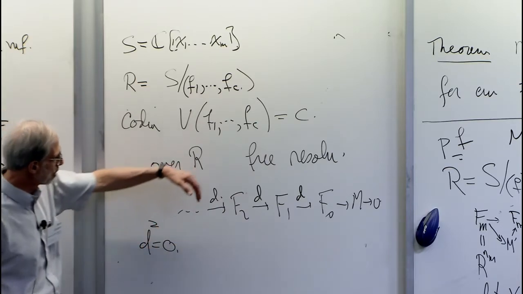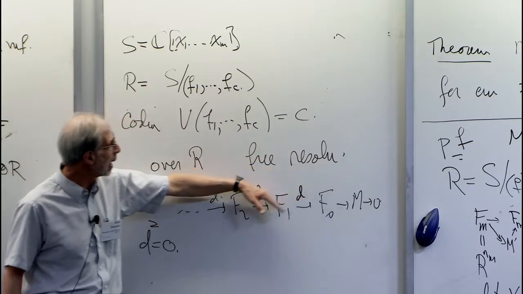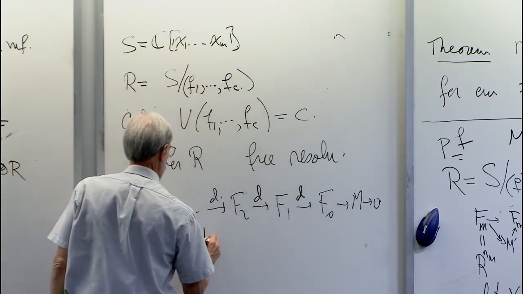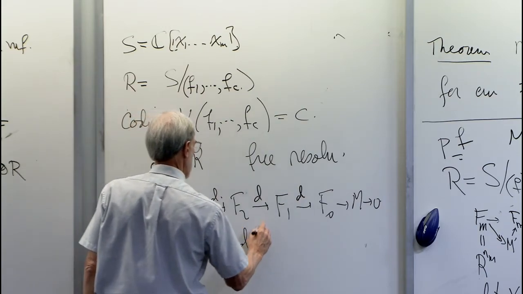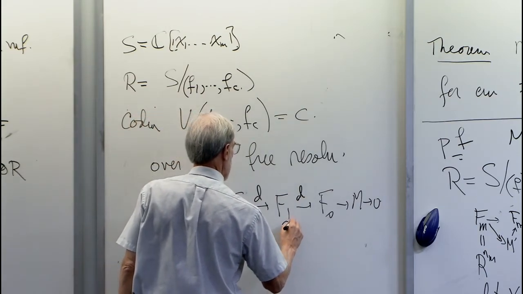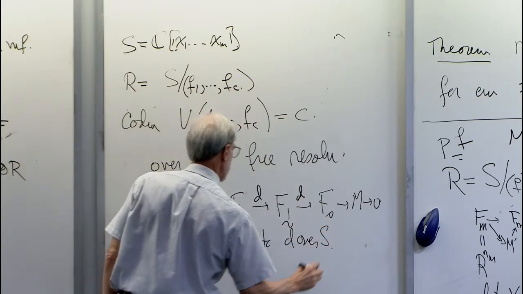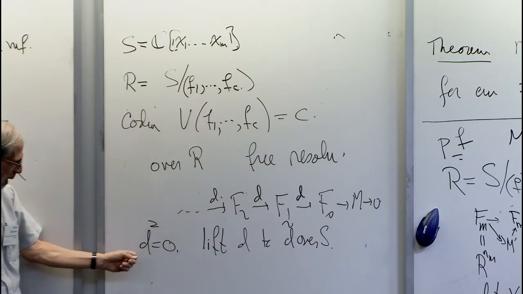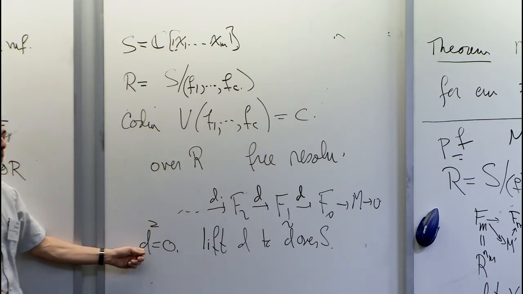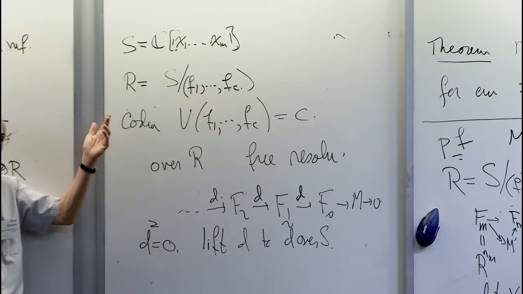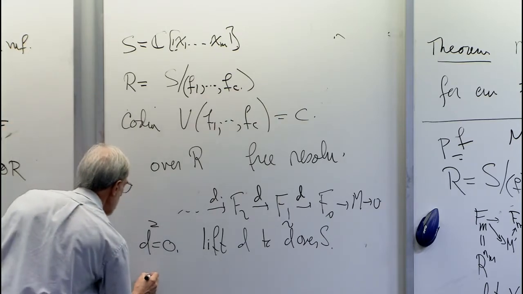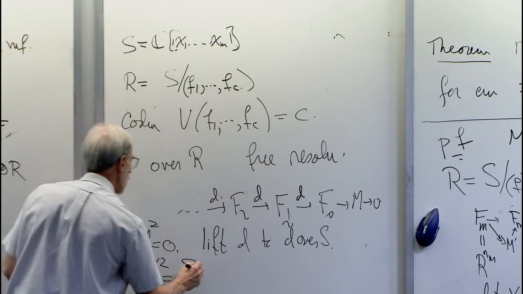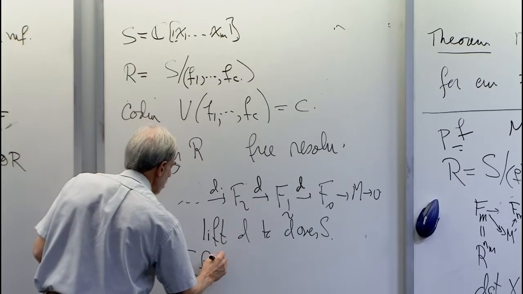So if I take these matrices representing D and lift them all back to S, let's lift D to some matrix D tilde over S. Then again, before what I did was to say D tilde squared was something times F, right? Well, now it's something times the sum of F. So D tilde squared can be written as the summation of Fi times some maps Ti.